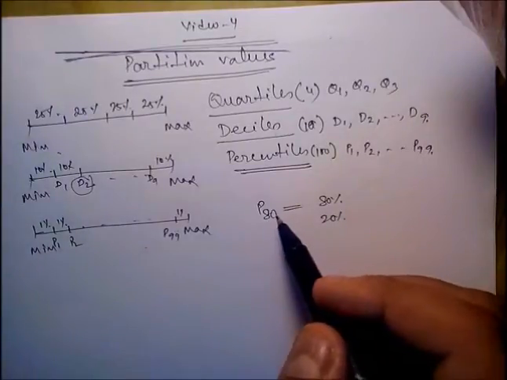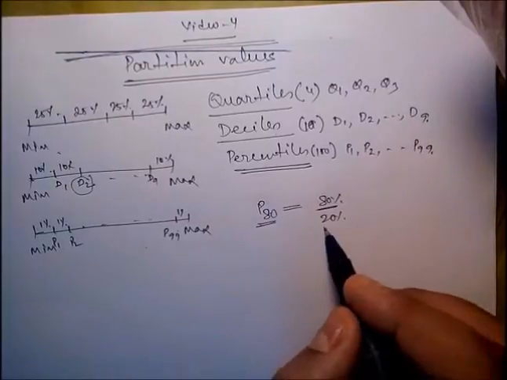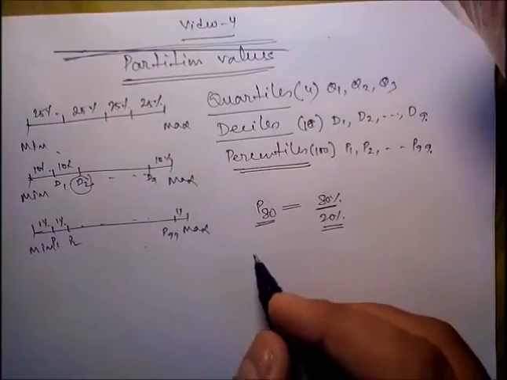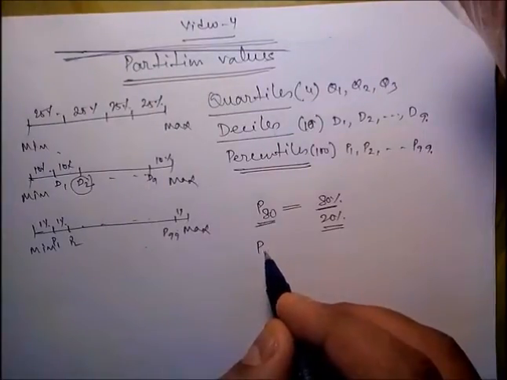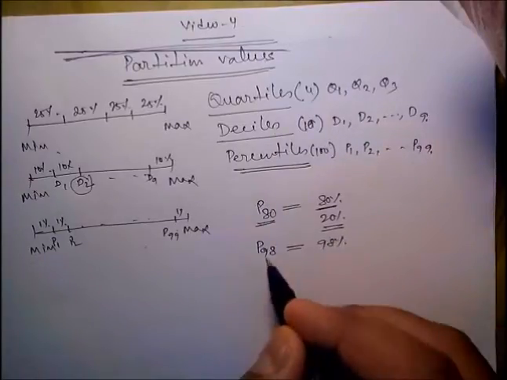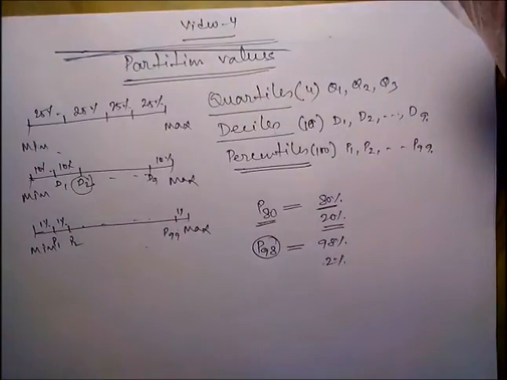That means 80% of data are less than P80 and 20% of data are more than P80. Similarly, for P98, 98% of data are less than P98 and 2% of data are more than P98.